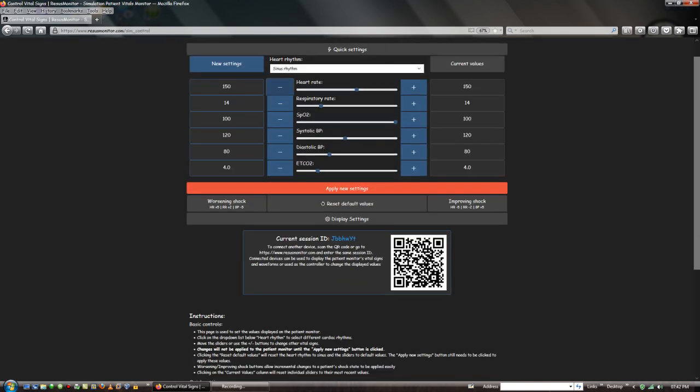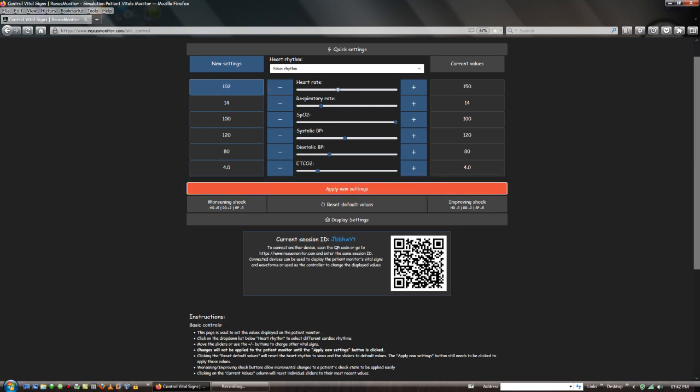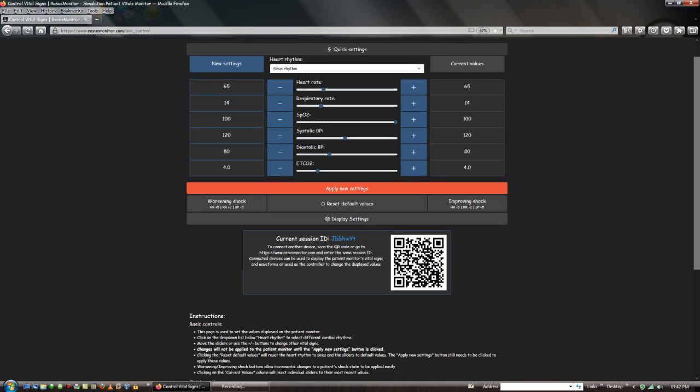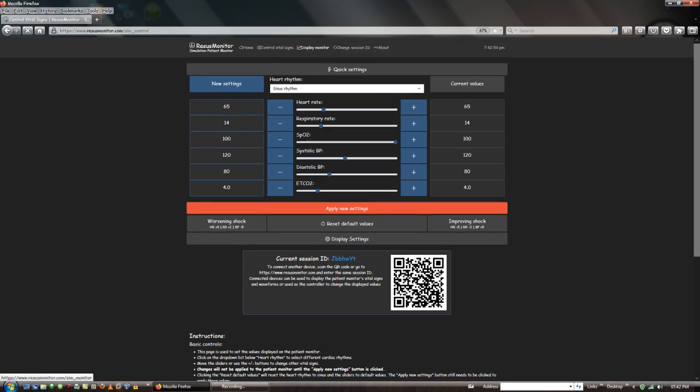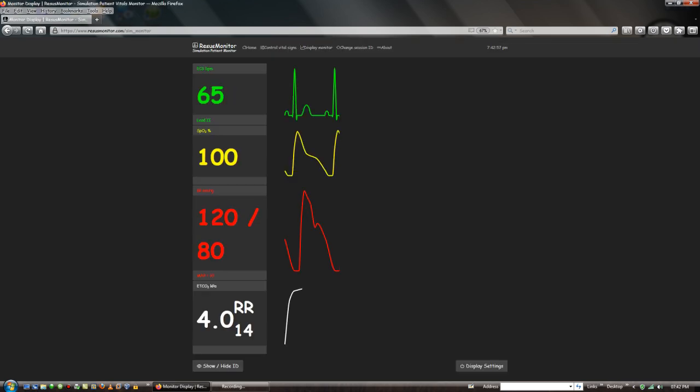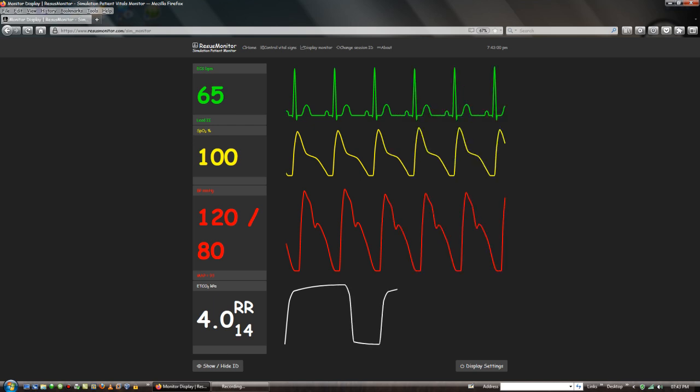The next rhythm is sinus rhythm. This is normal sinus rhythm, the normal heart rate, and the normal experience of our hearts every day and every week and every year.